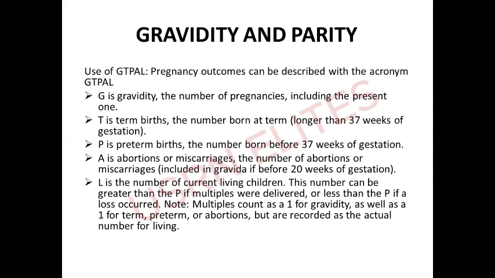So let's say someone gives birth, and it was a twin gestation, so there are two. During term gestation, or during gravidity, you count it as one. But when you come to the living, you split the twin gestation, and then you count them as two.